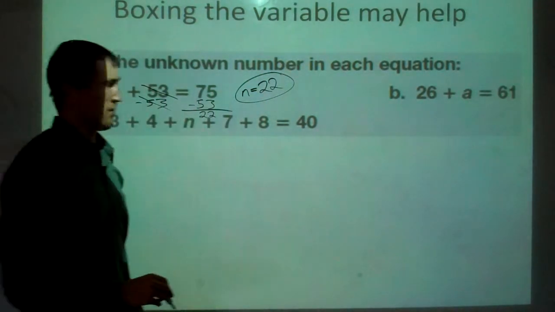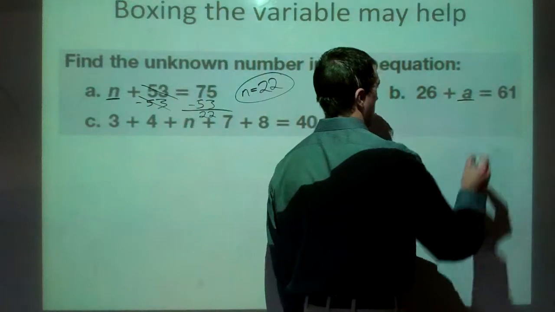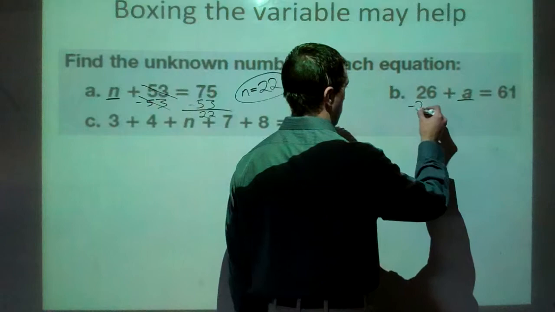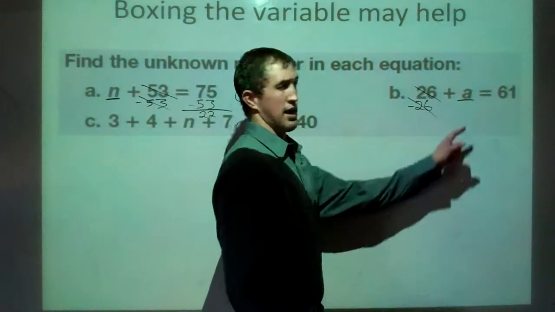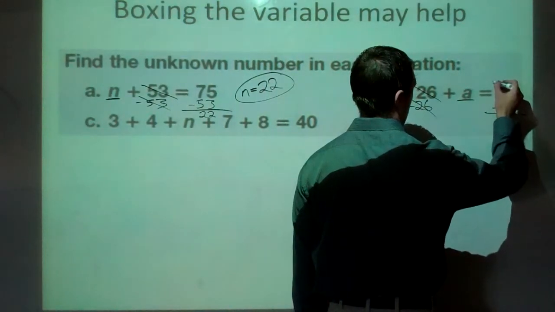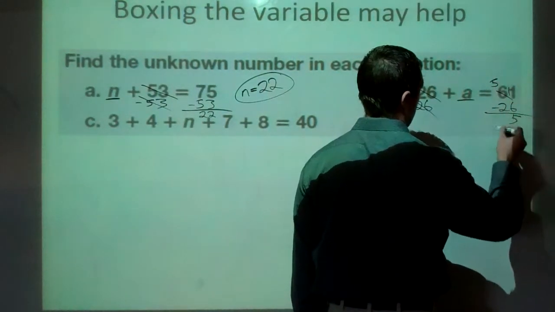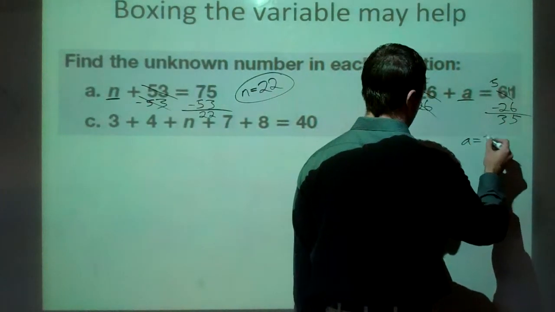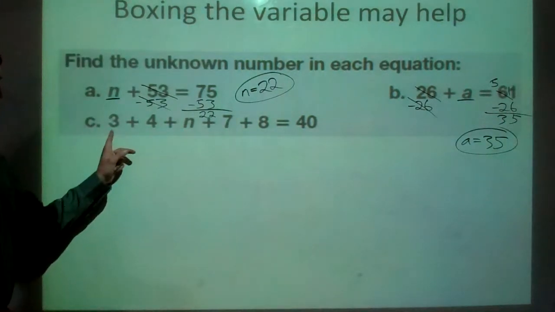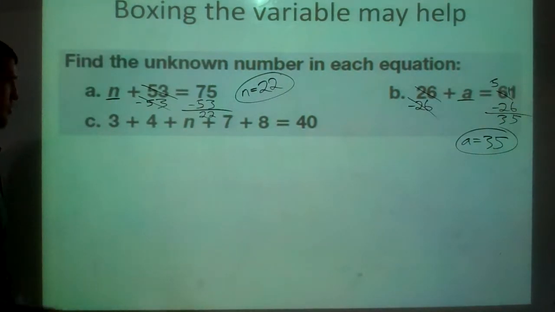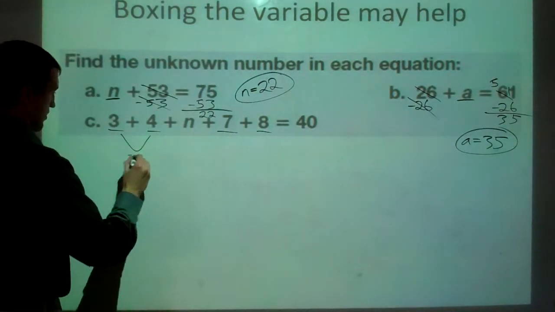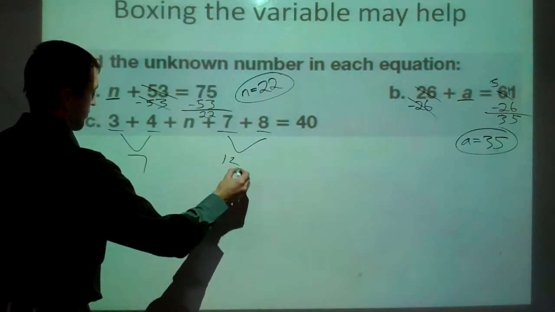Alright, same thing over here for b. Looks like we are adding a 26 to it, so we're going to subtract 26, so that all we have left is a. So a equals 35. And our last one here, we're going to want to add up all of our numbers first before we do anything. 3, 4, 7, 8. 3 plus 4 is 7. 7 plus 8 is 15.